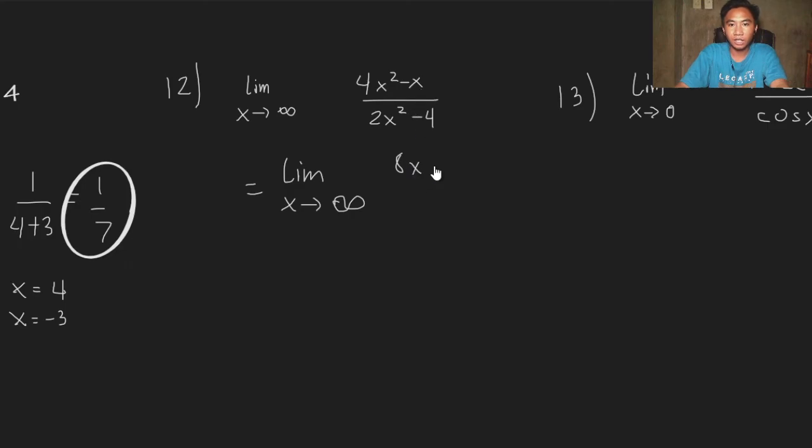Derivative ni x is 1, so negative 1. All over 2 times 2, no? 2 times 2, ayan, is 4. Ano na yung nabura dito? Ayan, infinity. Then si 8. Ayan, 4x.